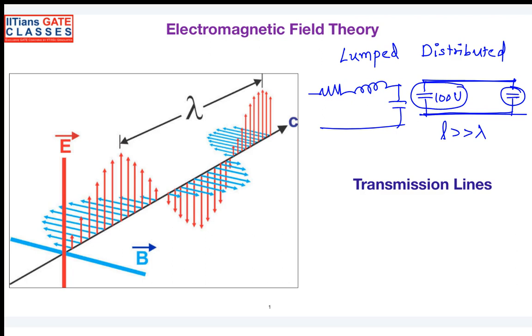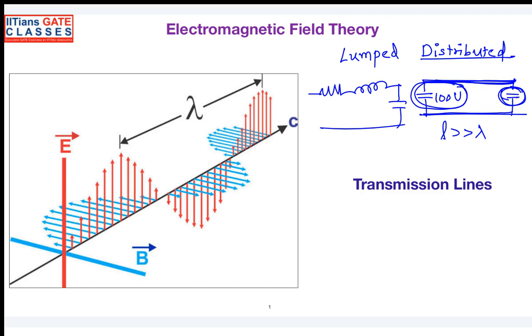If the length of the transmission line is very huge, and I apply a voltage of 100 volts at the source side, do you expect 100 volts will exactly reach the destination? That is basically the distributed nature. When I say distributed nature, if the wave travels a certain distance, the wave will automatically get attenuated.